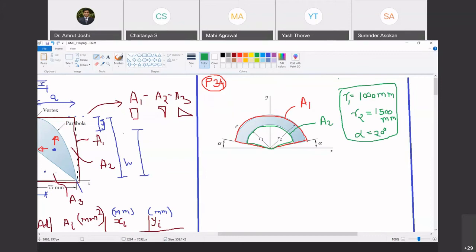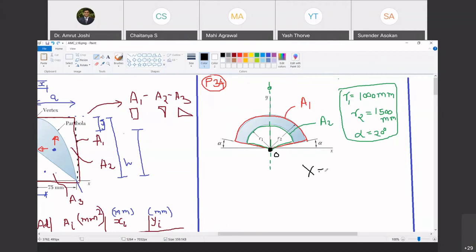So tell me, is this area symmetric about y-axis? Yes, sir. So that means the centroid is going to lie somewhere on y-axis. Therefore, with reference to this origin, which I have called this one, this is the origin O, I already know that x bar, capital X of centroid, is 0.